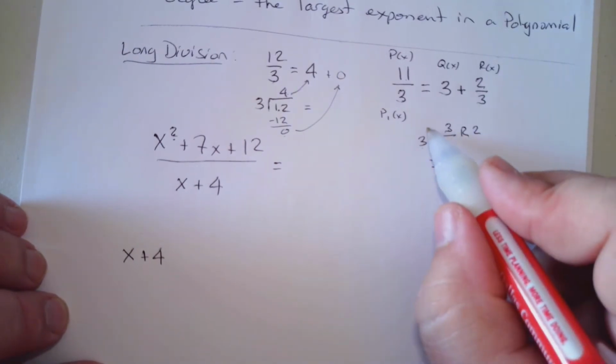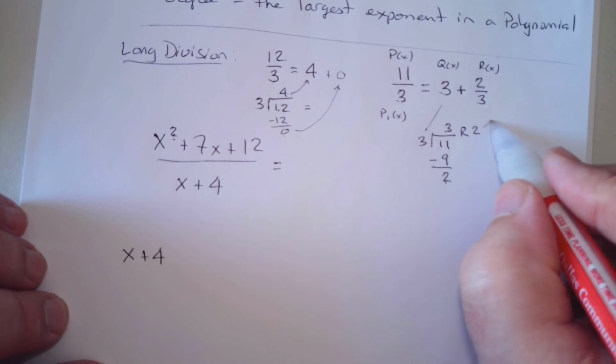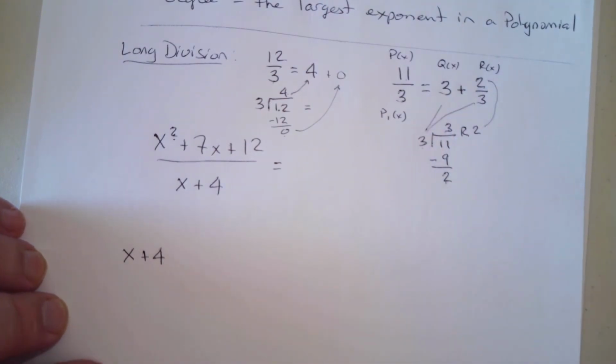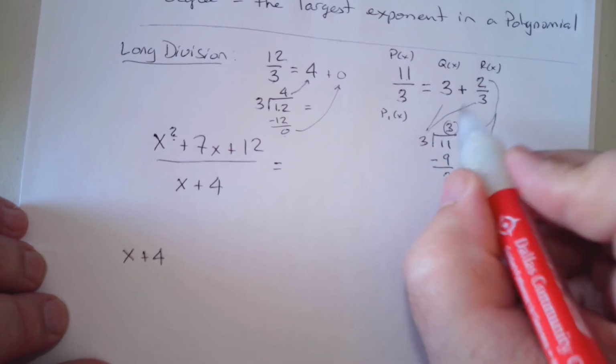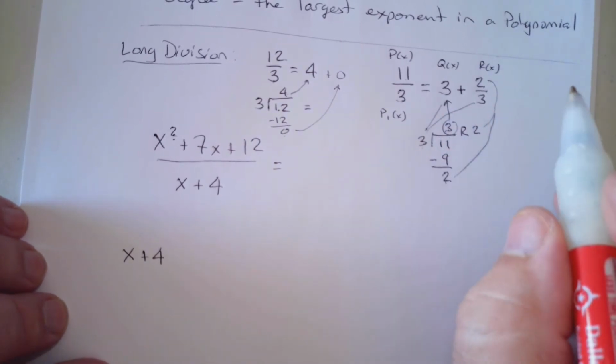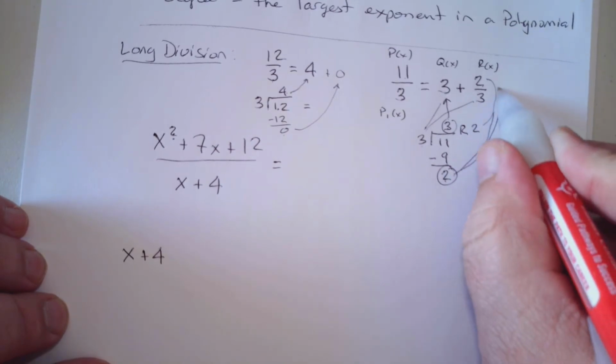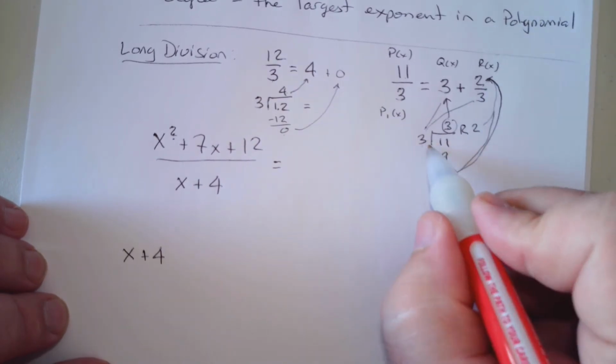And it's written this way: 2 over 3. This is the remainder. So whatever's on top is your quotient, and whatever is left on the bottom is your remainder over the denominator.